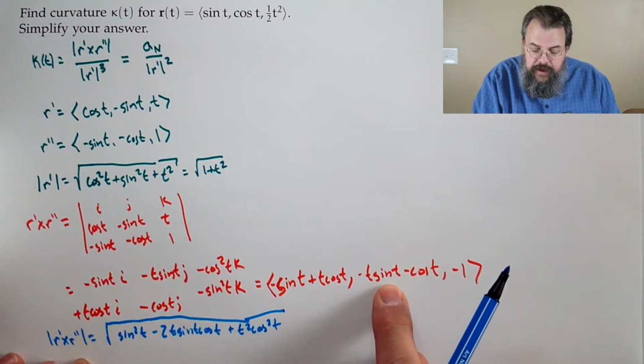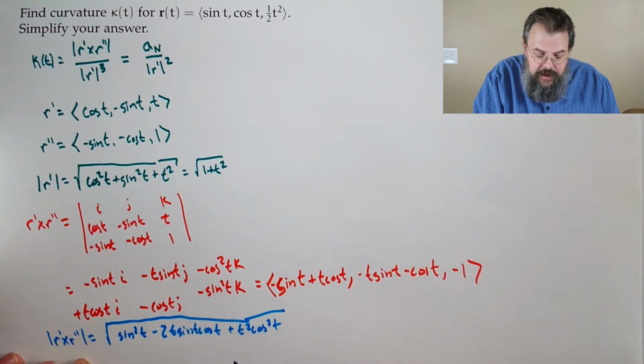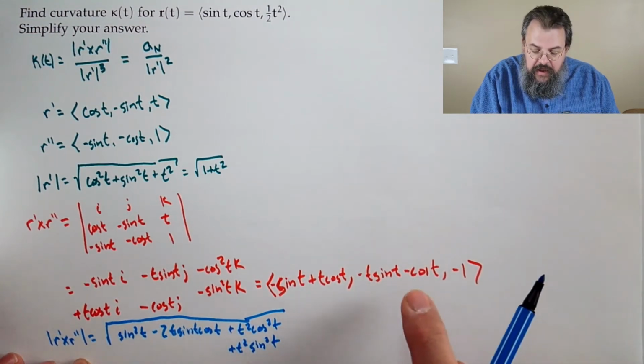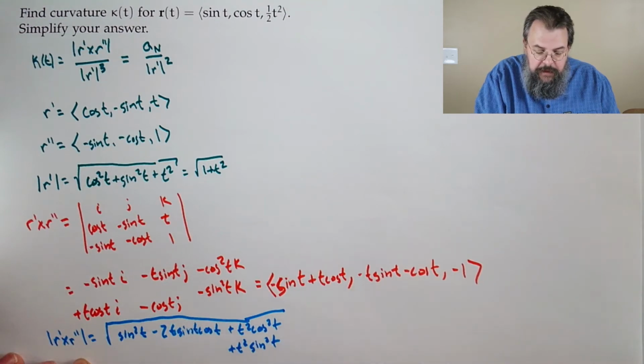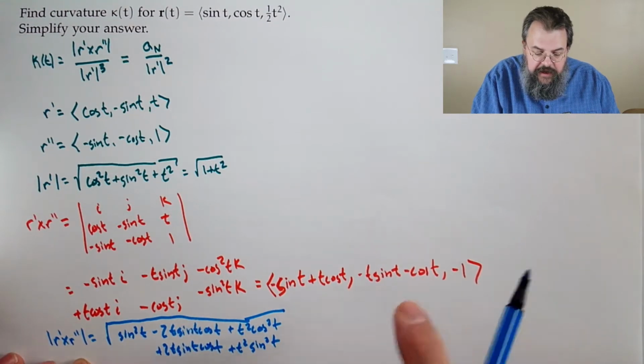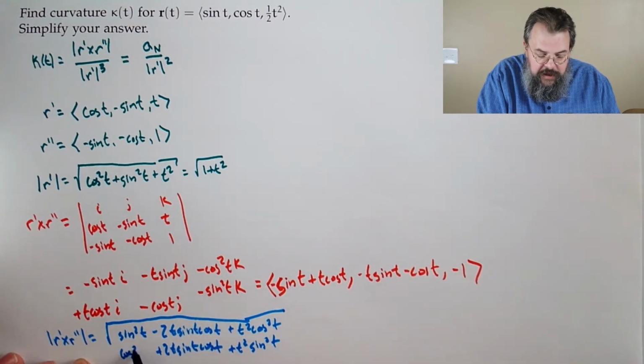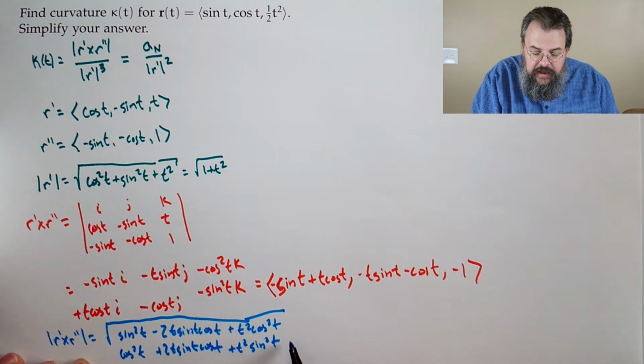So the first term would be t squared sine squared. I'll put that here. T squared sine squared. The cross term will be a positive 2, so a plus 2t sine t cosine t, and then a plus a cosine squared t. And then at the end, a plus 1.